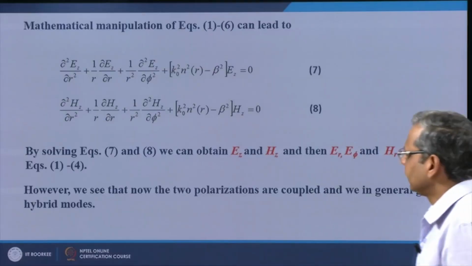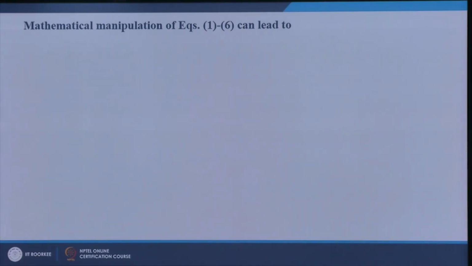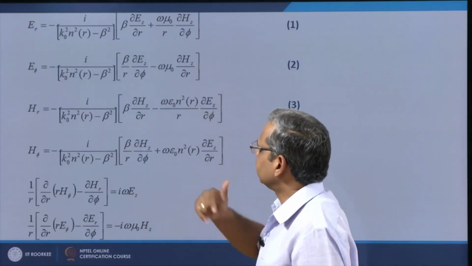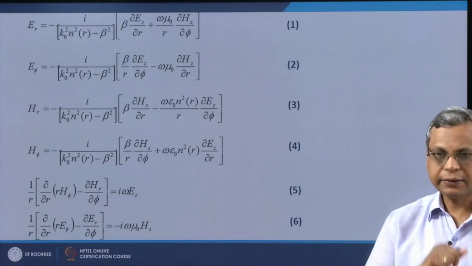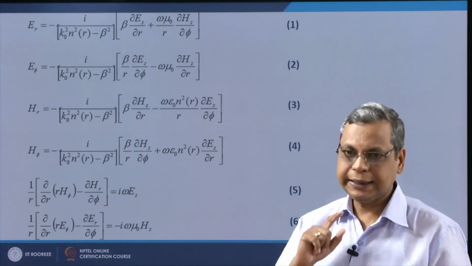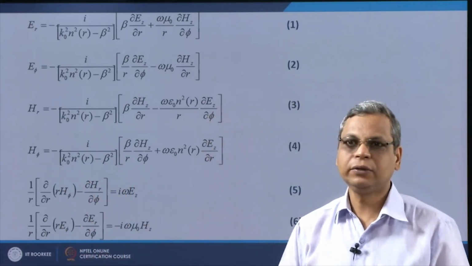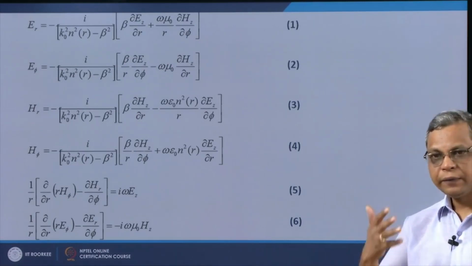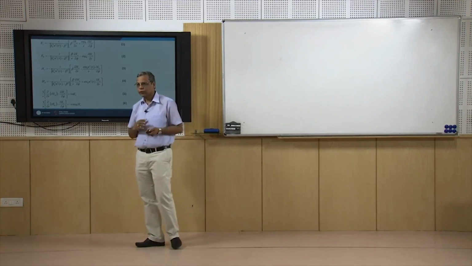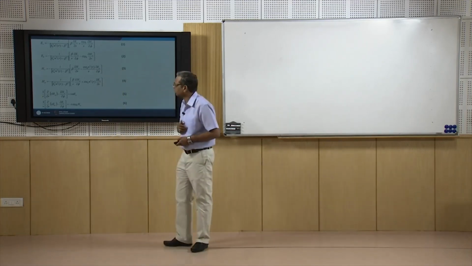However, if you look back at those 6 equations, I cannot find an instance where I can have only Ez or only Hz. That is, I am not able to find out where Ez is not equal to 0 and Hz is equal to 0. I have that simultaneously both are non-zero, which means that now the polarizations are coupled. I cannot separate two orthogonal polarizations.